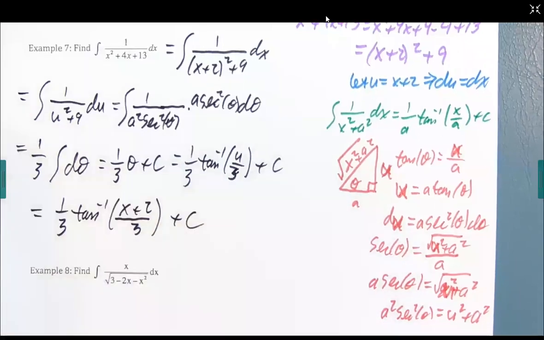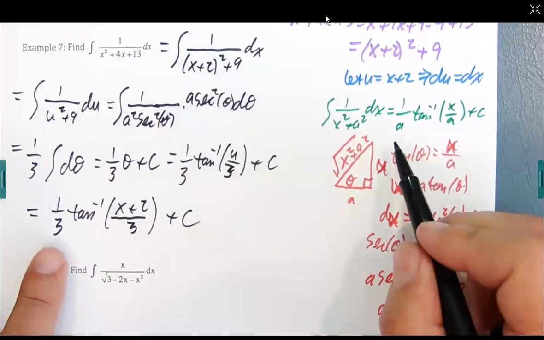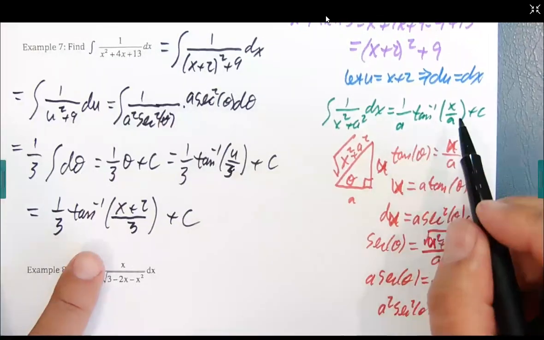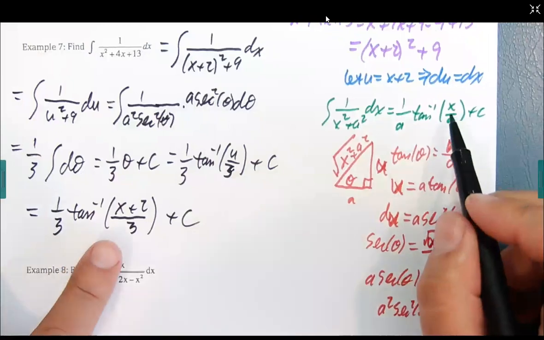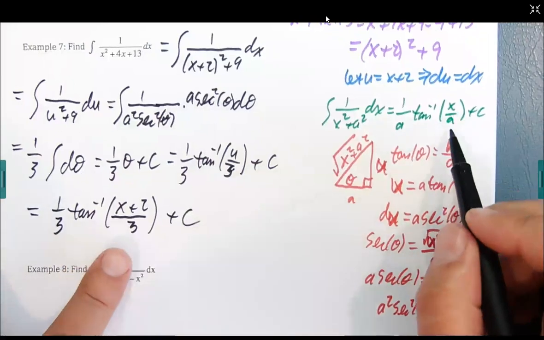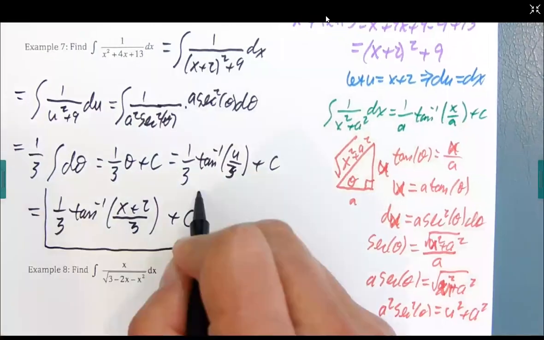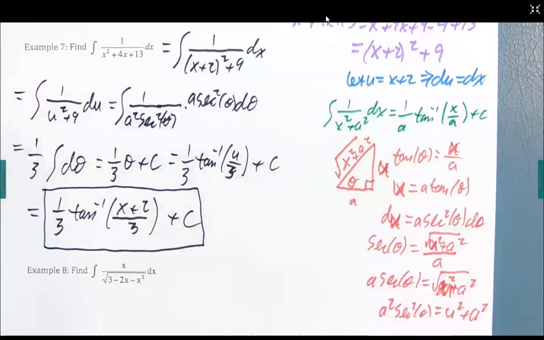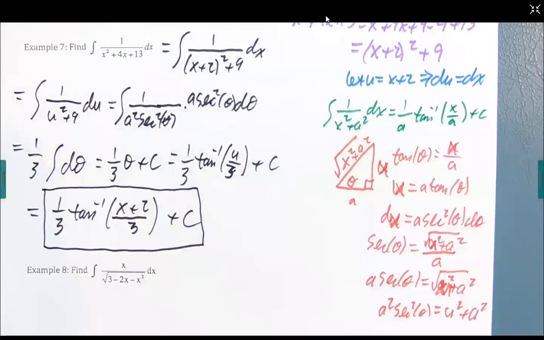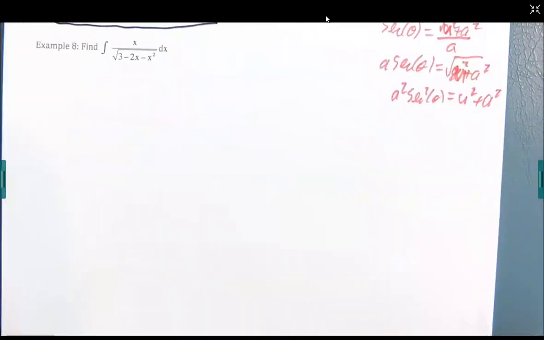So this is sort of why this works, but you can see a is 3, so it's 1 over 3 inverse tangent of u, in our case, which became x plus 2, over a, which is 3, plus c. So if you want to use a shortcut, you can. I wanted to show you why it works. And we are to our last problem.